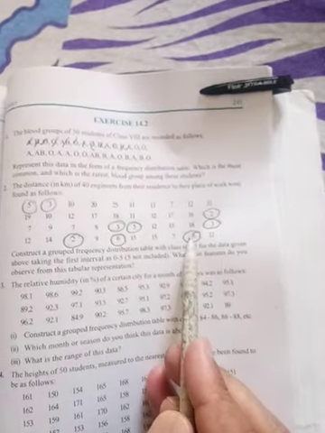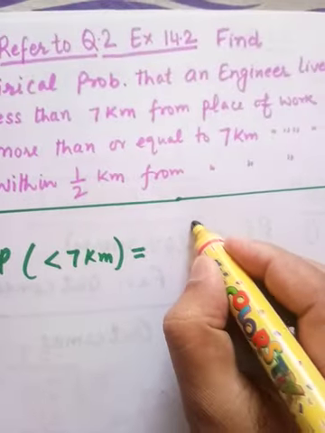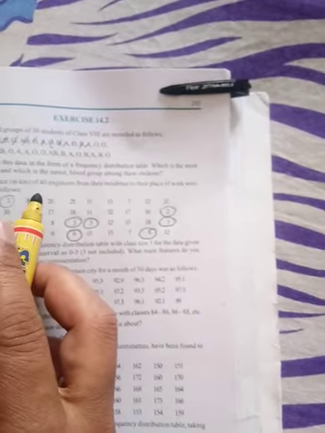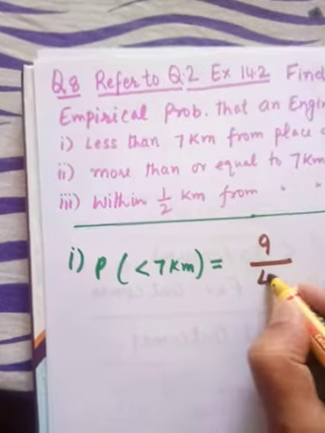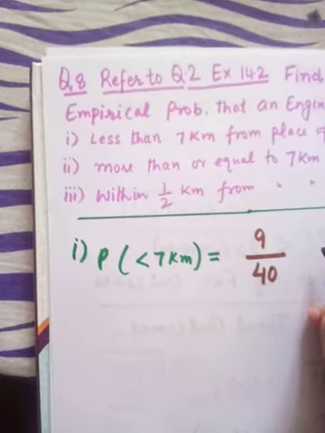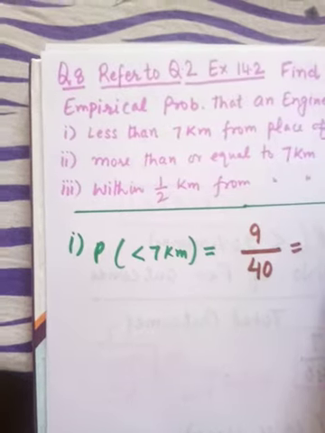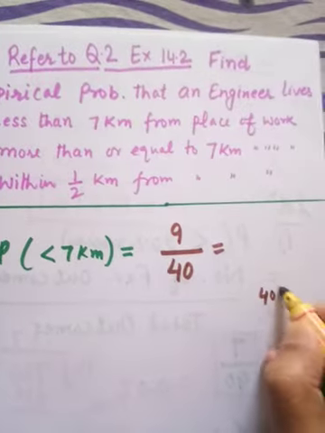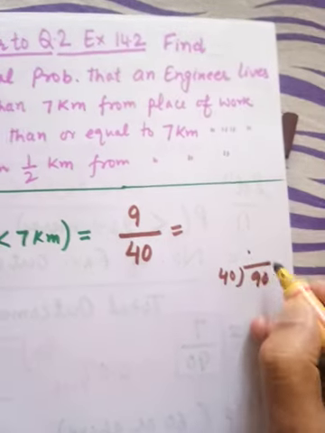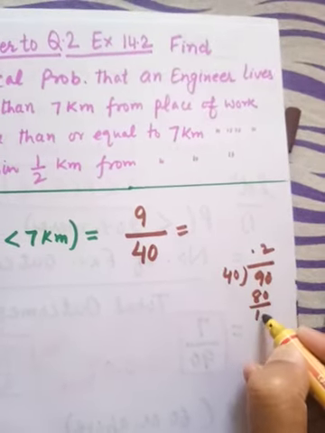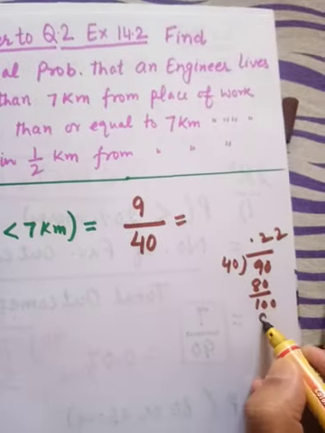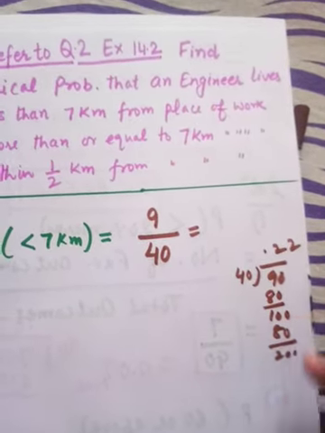So count them: 1, 2, 3, 4, 5, 6, 7, 8, 9. So 9 is the favorable outcome here. So we are writing here the number of favorable outcomes is 9 out of the total of 40 engineers. So we write 9 out of 40. This is your answer. You can convert it into decimal also if you want: 40 outside and 9 inside, and then 0, go at 40 to the 80, then 10, 100, 40 to the 80 again, 20, and then 5.